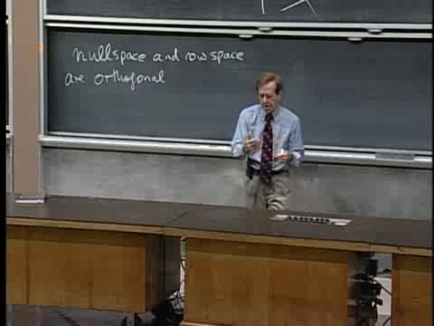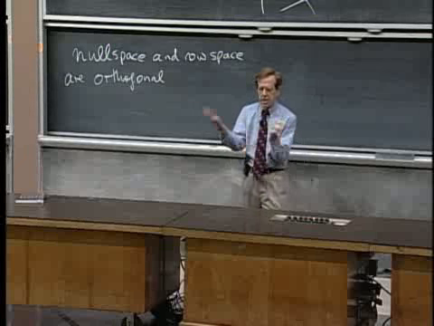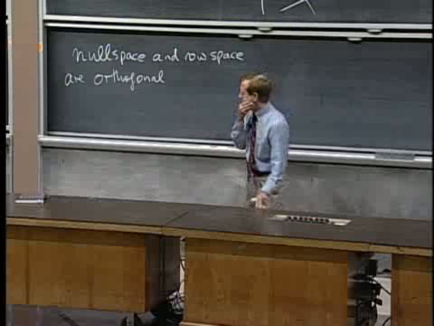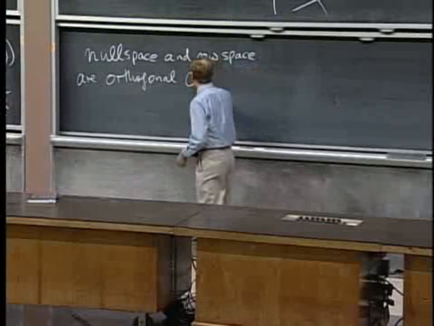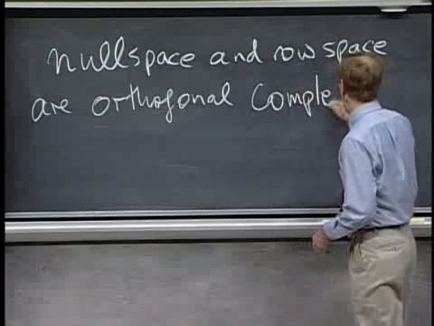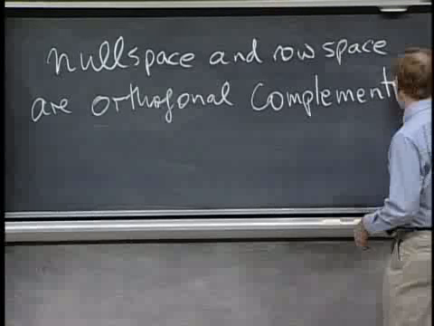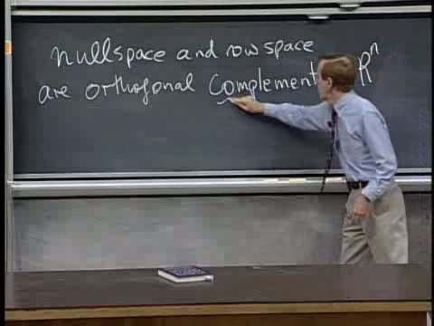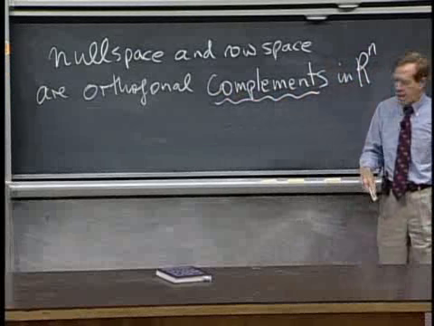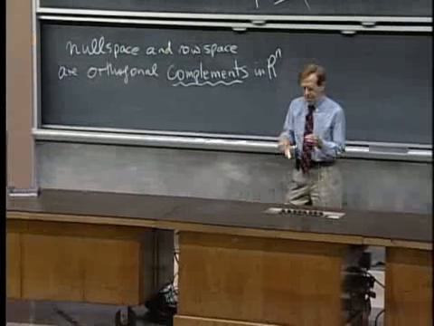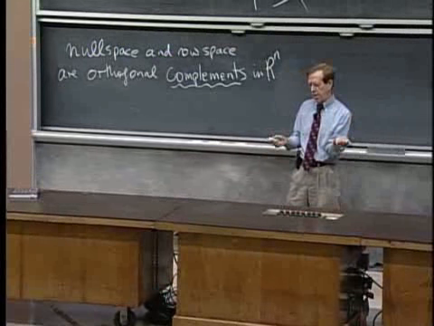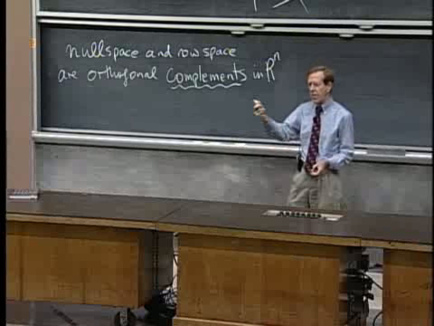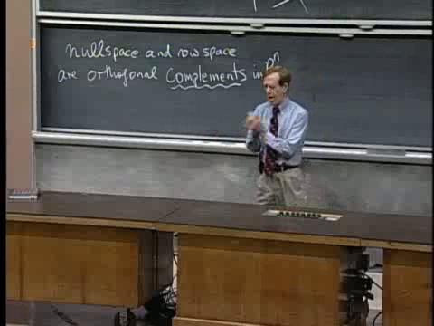It's not like I couldn't have a line and a line in 3 dimensions. Those don't add up. 1 and 1 don't add to 3. So I use the word orthogonal complements in Rn. And the idea of this word complement is that the orthogonal complement of a row space contains not just some vectors that are orthogonal to it, but all.